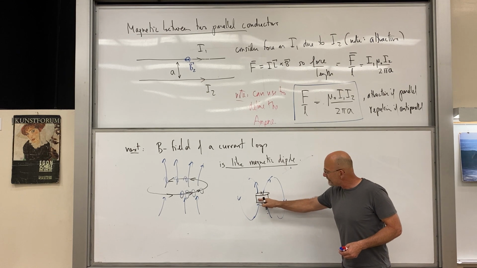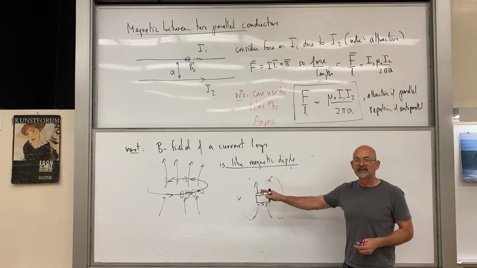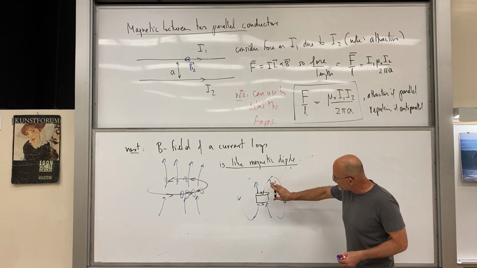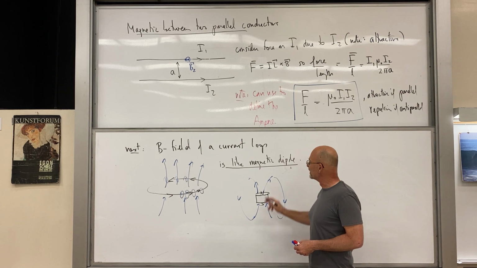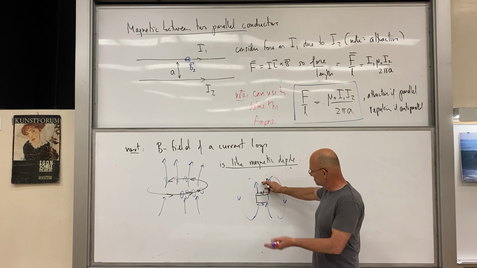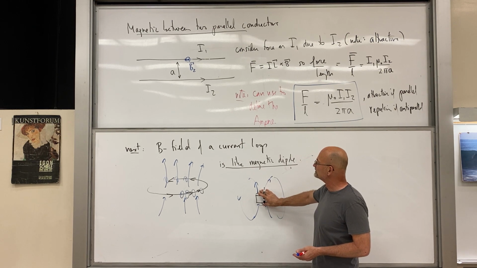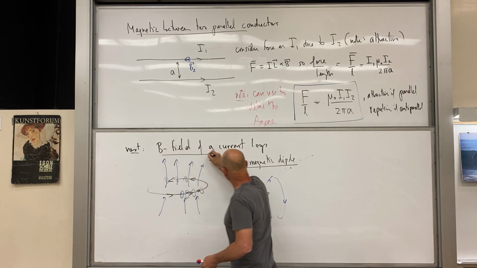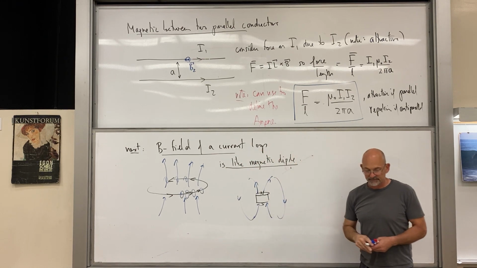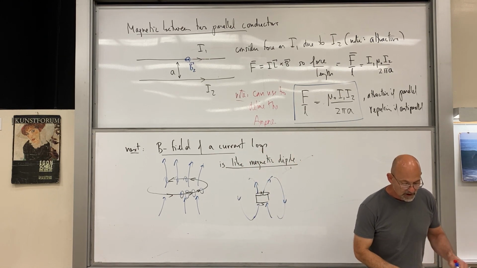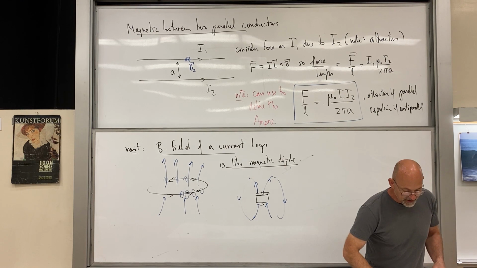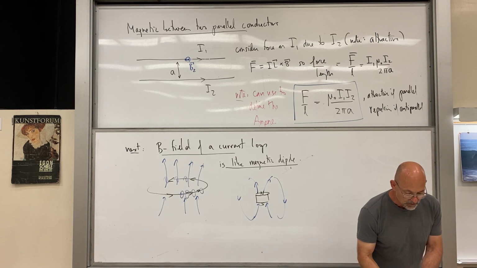There are microscopic currents at the atomic level that are actually producing the dipole field of the chunk of magnet here. Good. So what we're going to do next is integrate up the B field of a current loop. That's our next project. And I should be able to get to the Helmholtz coils in that case.